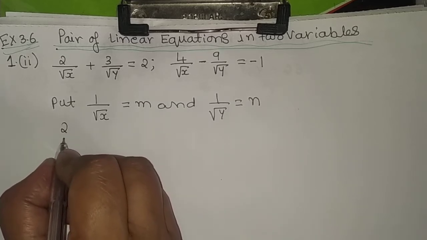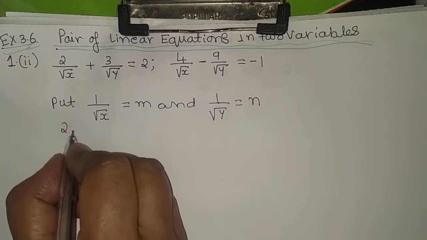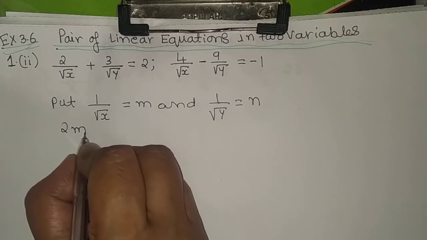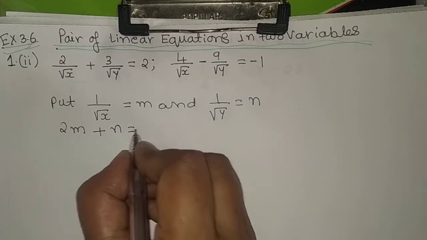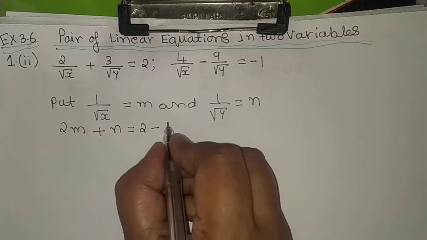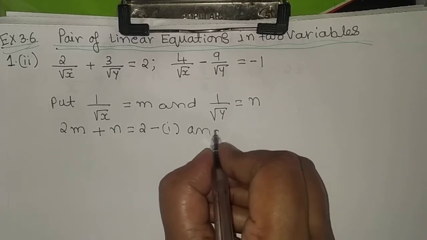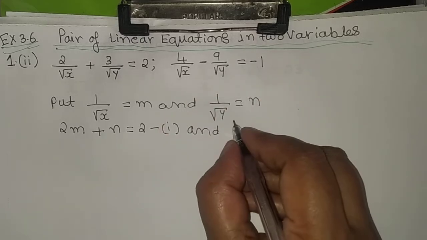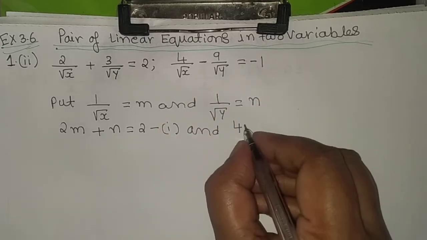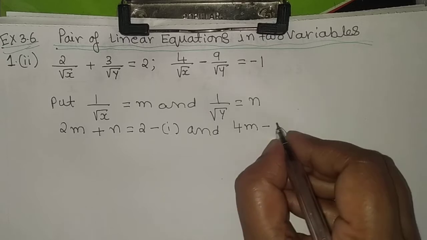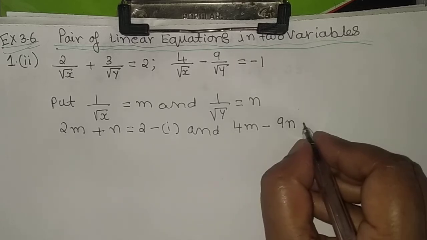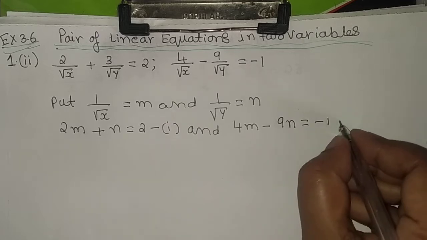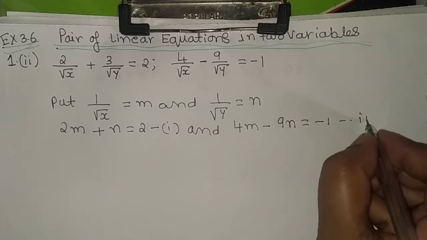Therefore we have 2 is equal to 1 by root x, substituted by m, plus 1 by root y, which is n, is equal to 2, and this is equation 1. And we have another equation: 4 by root x, which is m, minus 9 by root y, which is n, is equal to minus 1. This is the second equation.